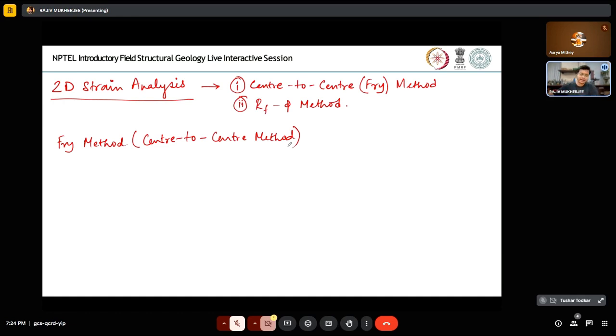So the idea is that, say for example, I have this block and I have certain spherical objects or points, right?